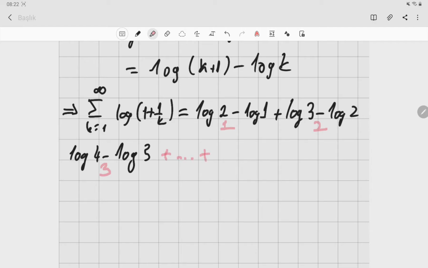and let's write logarithm n plus 1, for instance, minus logarithm n, and this is the term of nth order.